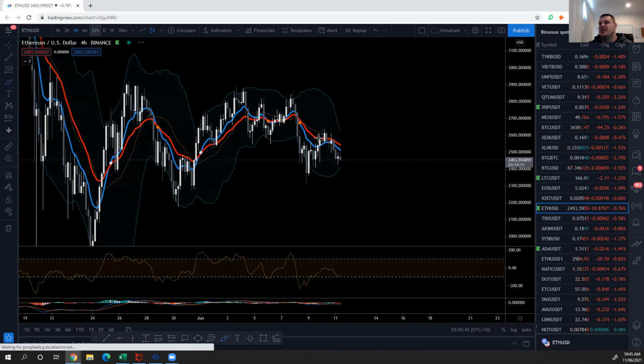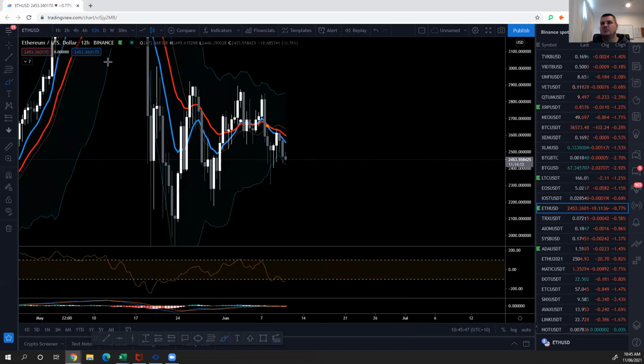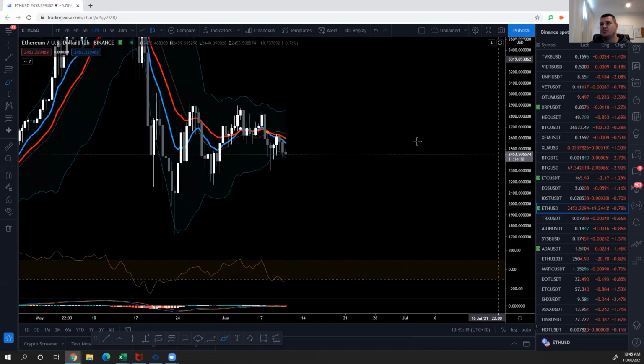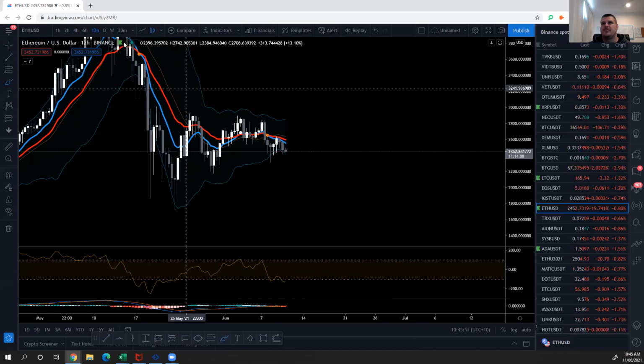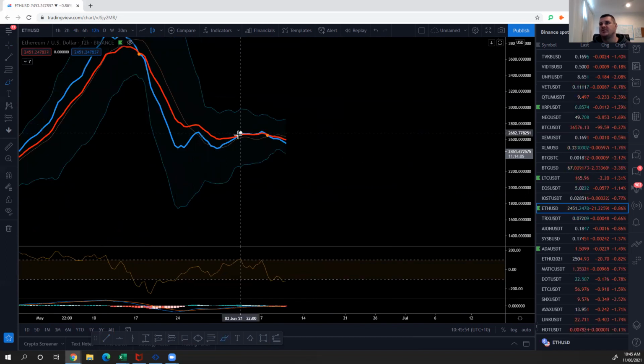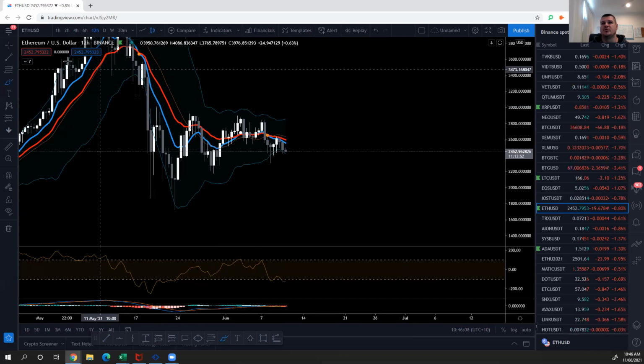So let's start on the 12-hour. We've had a bit of a chop through here. You can see we've crossed a little bit bullish here and then down here as well. So this is saying we are in an accumulation or a distribution zone here, as we can see through the structure.